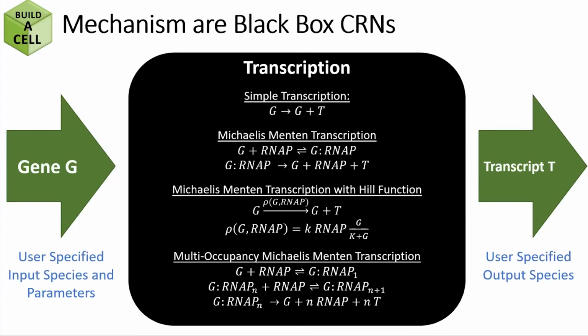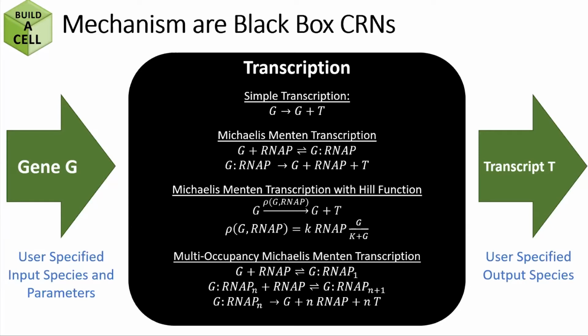All of these are valid transcription mechanisms, and they all have the same feature that they start with the gene as an input and an output is a transcript. You'll see gene to transcript, gene to transcript, gene to, in this case, multiple transcripts. And so they're all valid transcription mechanisms, but they have different CRN implementations and very different levels of complexity.